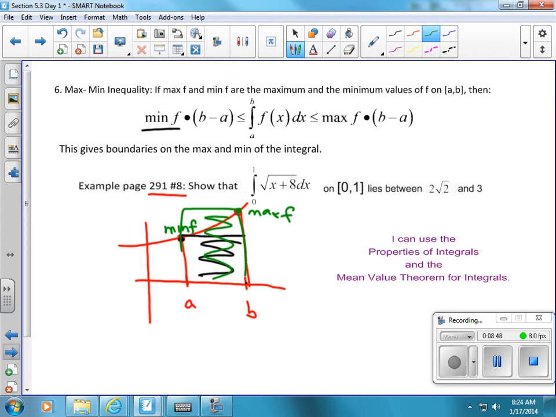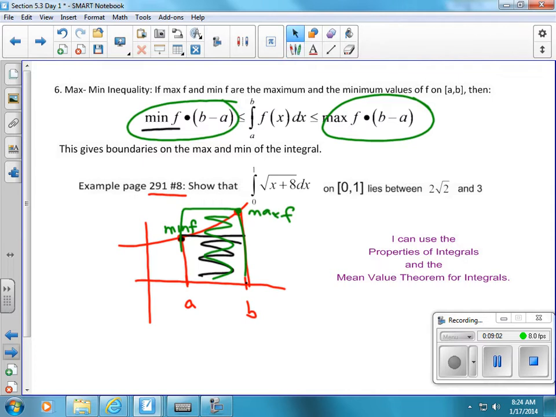It says that any integral in between a and b has to be within the minimum area of that rectangle to the maximum value of the function and the area of the rectangle. So it really is a boundary inequality.